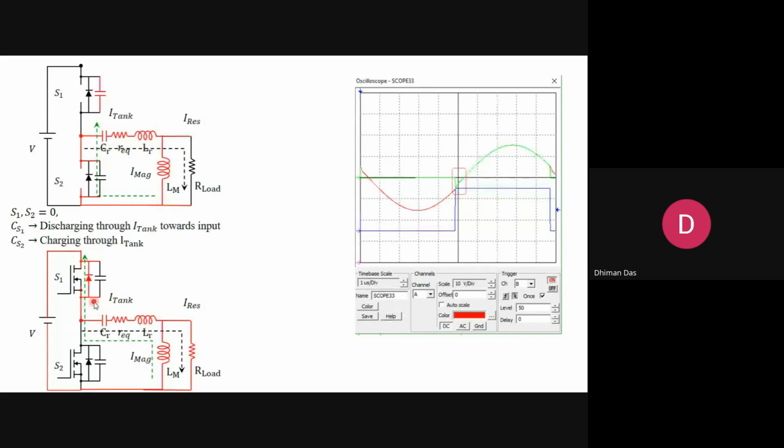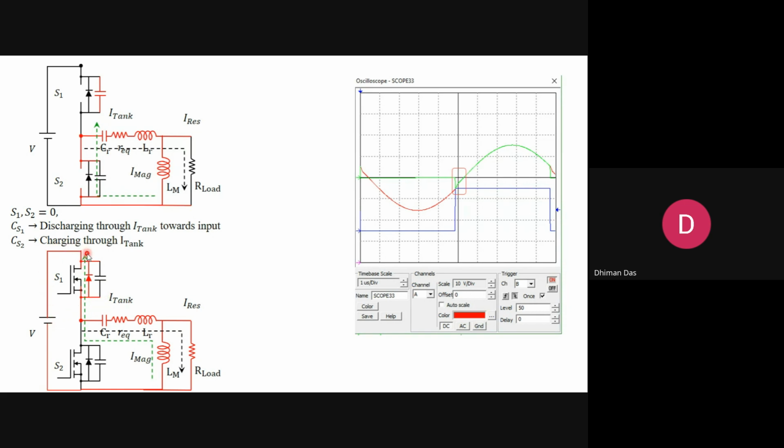When the top capacitor is fully discharged through this tank current, the body diode starts to conduct.